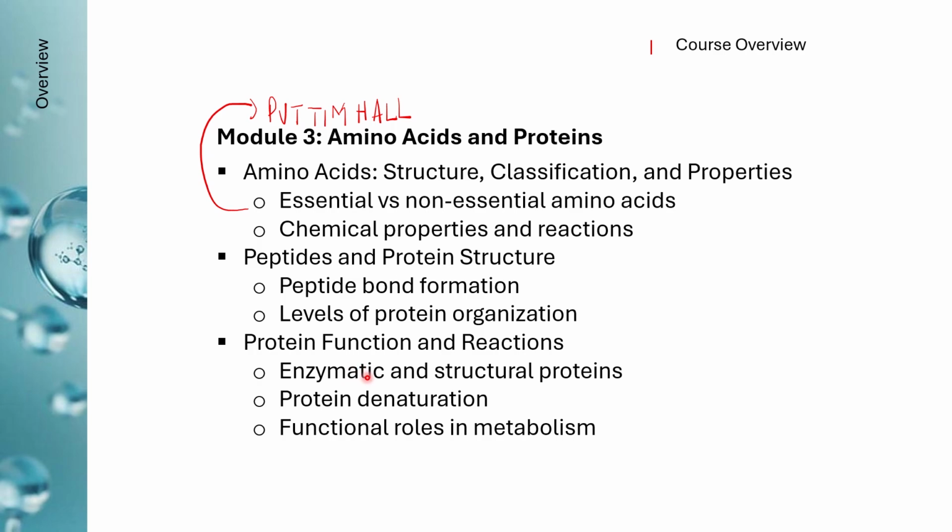They are all proteins, but sometimes proteins play structural roles, like keratin in our hair and skin. So what happens when these proteins denature under certain conditions like heat and temperature? And of course, how proteins feature and the roles they play in our metabolism.